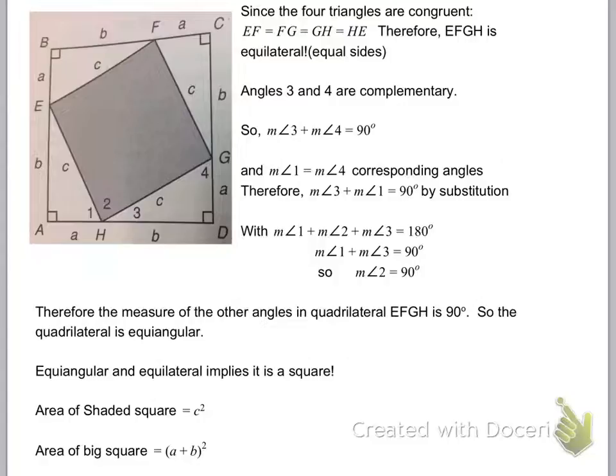And if they're all equal, we call that equilateral. The last time you probably saw the word equilateral was an equilateral triangle, and that meant all the sides are the same. It applies to more than just triangles. A square is equilateral. All sides are the same.